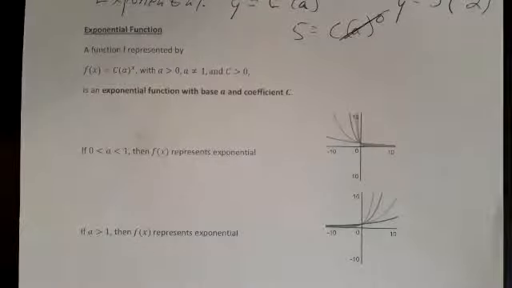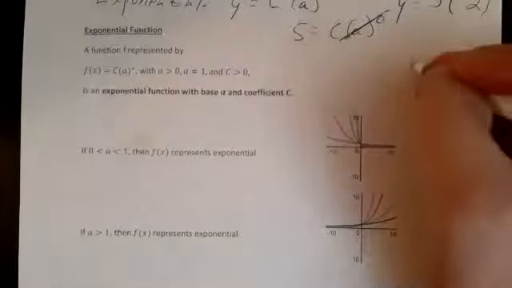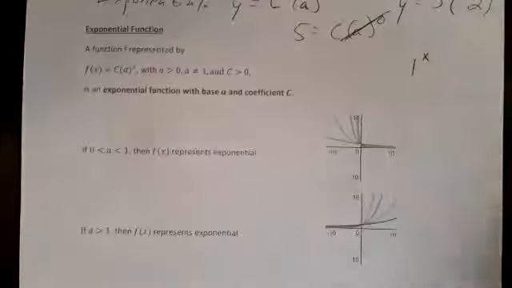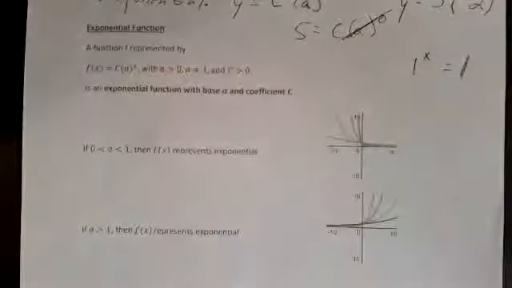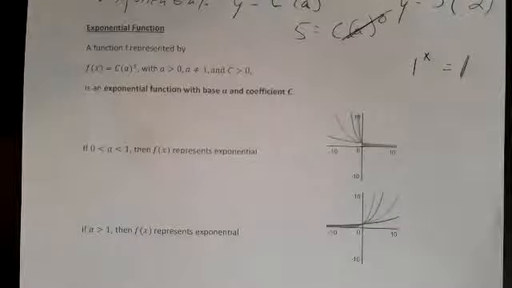They're not doing a base of 1. 1 to the x is not a very interesting function. 1 to any number is just equal to 1, so it's a silly way to write the y equals 1 function. You can think about it, but they don't want to think about it here. And c is greater than 0, so our coefficient is also positive.